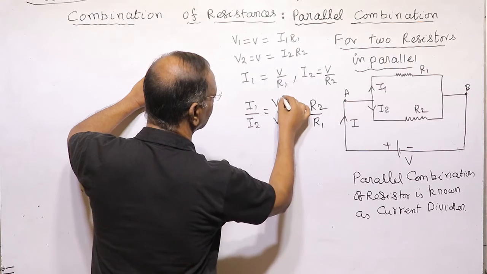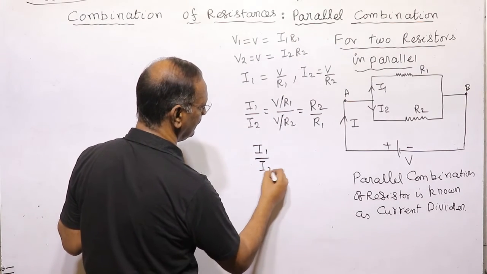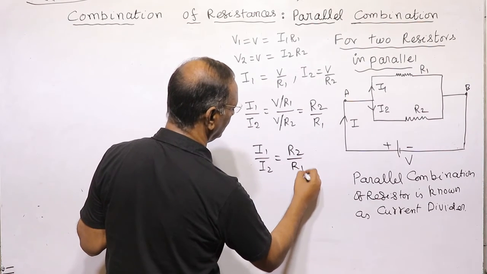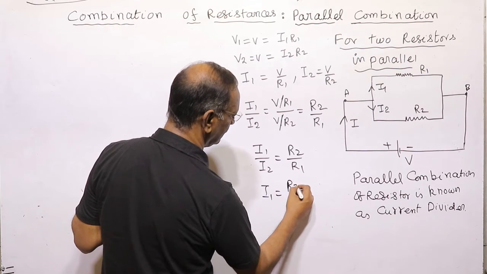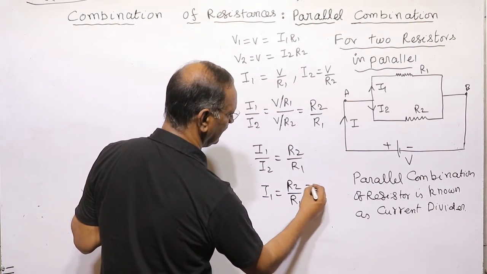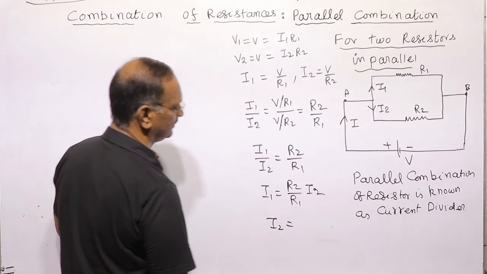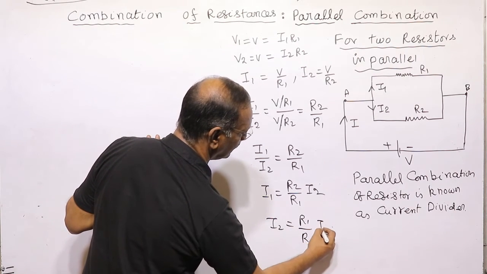This is division. We can write I1 by I2 is equal to R2 by R1, or I1 is equal to R2 by R1 into I2, and I2 is equal to R1 by R2 into I1.